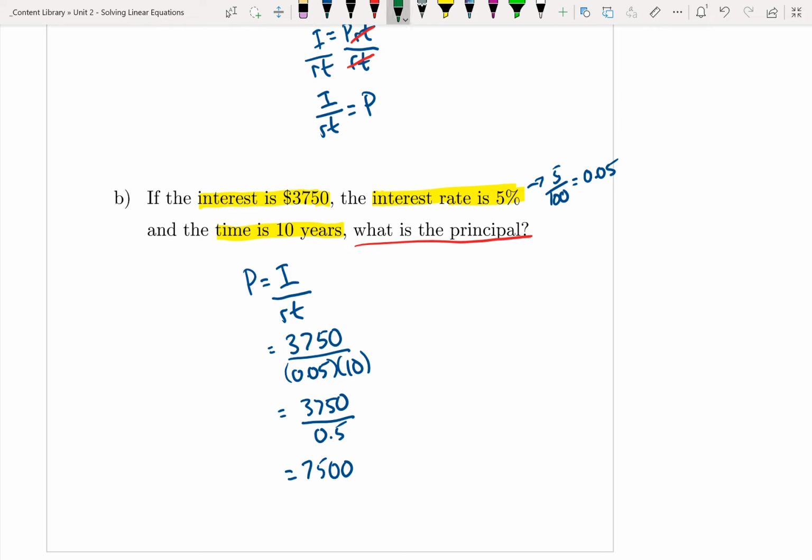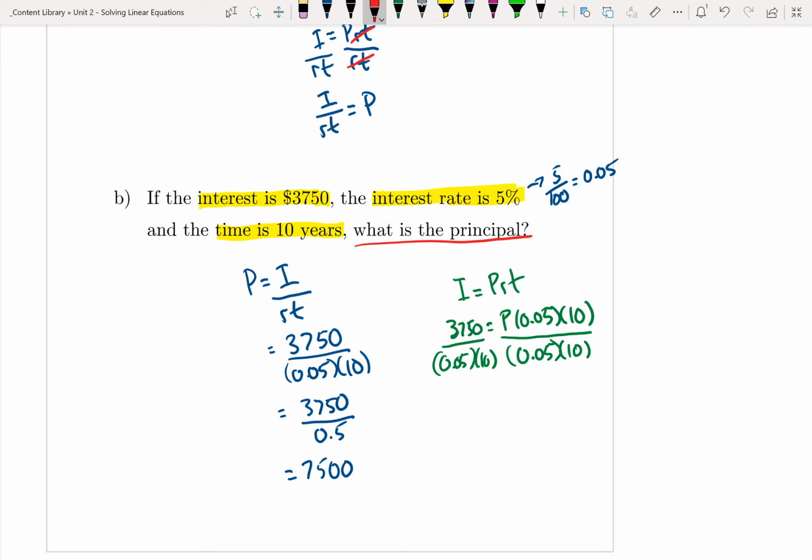So again, this is a much easier way to do it rather than if we had I equals PRT and we had to plug in all of our information, and then have to solve and rearrange this formula. Right? So if I rearrange this, 0.05 times 10, basically we're just doing the same thing that we would have done originally.